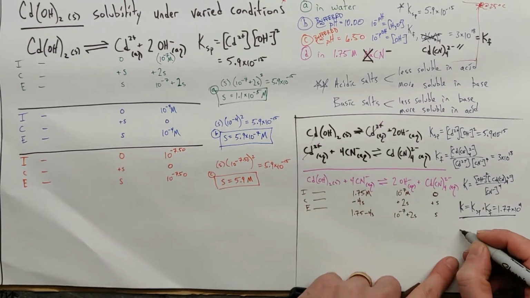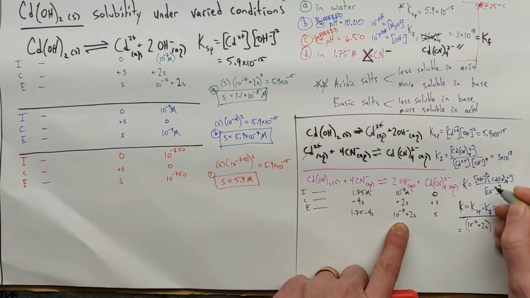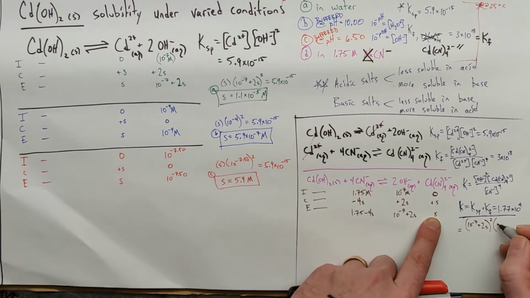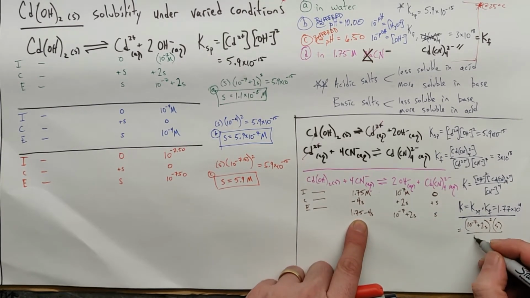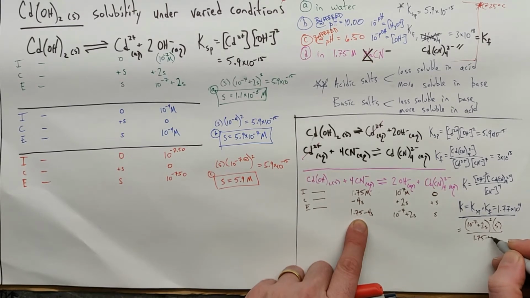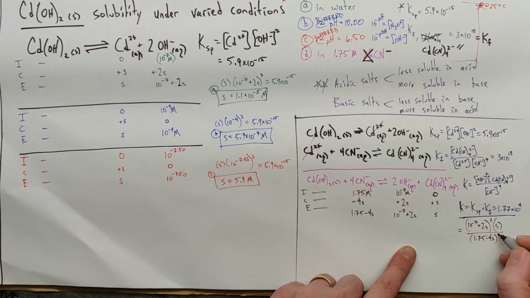This K expression, which is our hydroxide ion concentration, 10 to the minus 7th plus 2s, and we're going to square that, times this, which is s, divided by our 1.75 minus 4s, and that is to the 4th power. All right, and I literally just punched that into the calculator.